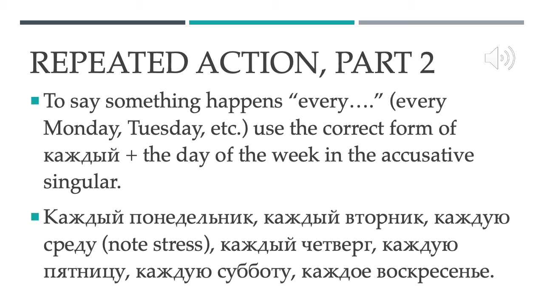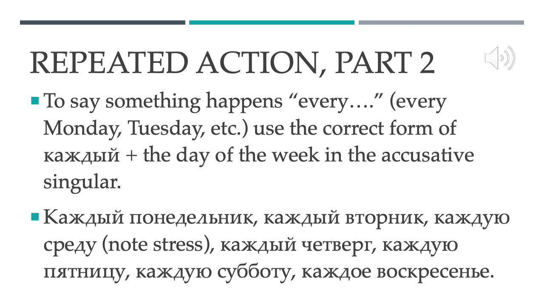Pressing on. What if you wanted to say that something happens every Monday or every Tuesday? In that case, you would use каждый, declined correctly, plus the day of the week in the accusative singular. So both каждый and the day of the week would be in the accusative singular. Because remember, an adjective always has to match the noun that it modifies. So we would have каждый понедельник, every Monday. It's masculine inanimate singular, so it looks exactly the same as the nominative.